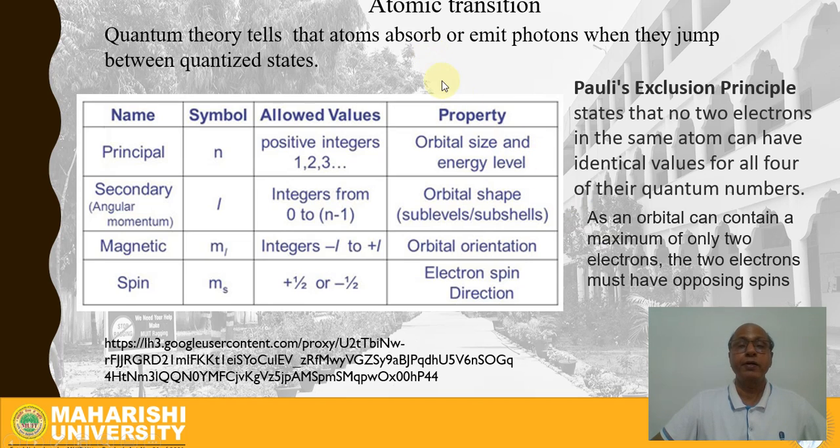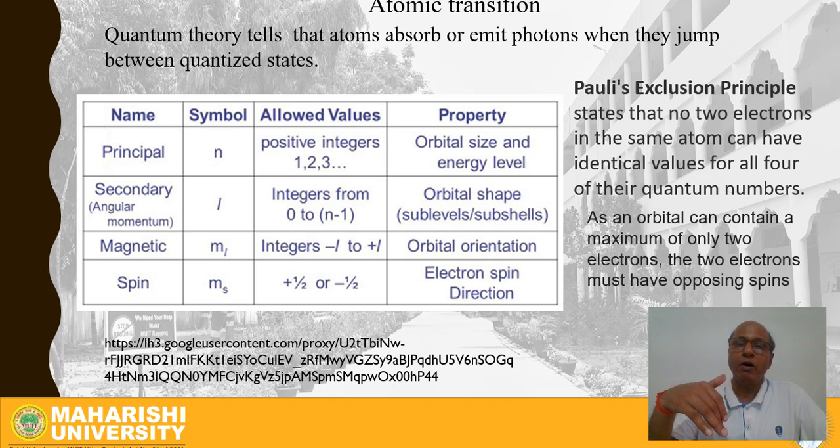As far as the transition rules are concerned, we know from quantum theory that atoms absorb or emit photons when they jump between quantized states. Now, these quantized states have different situations because of their quantum numbers, and because of these quantum numbers, each will have different energies.